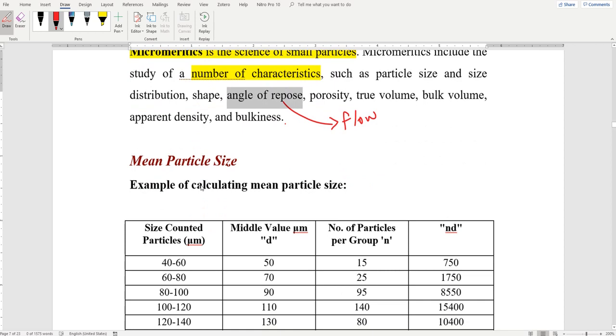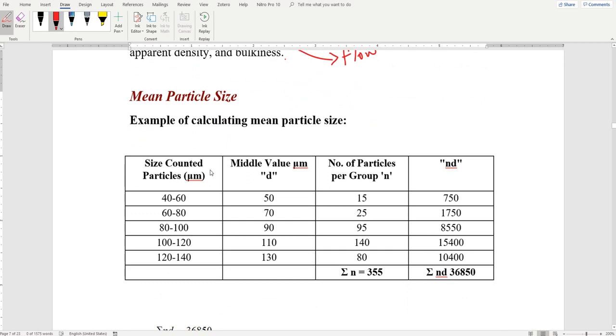To start with, we will talk about particle size and size distribution. Imagine that you have a microscope, and in this microscope you want to look at the particle size. If you remember, we said the microscope can be used to measure particle size from 0.2 micrometer to 100 micrometer. So imagine that you want to look at the particle size on this slide.